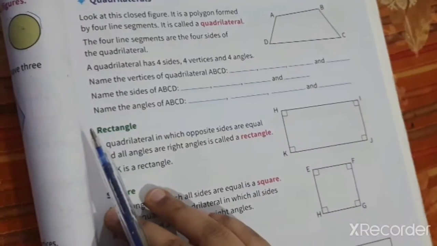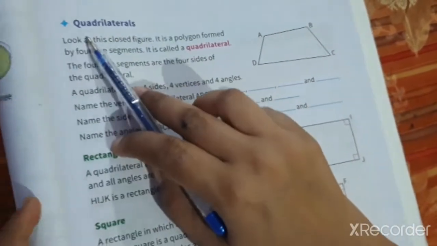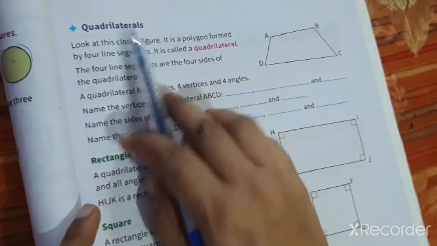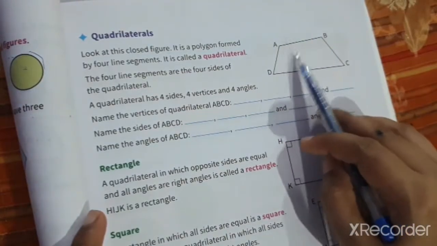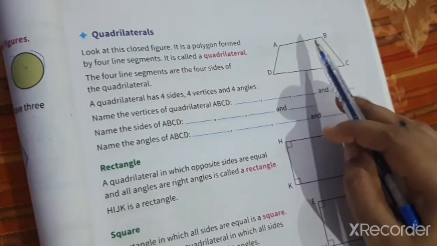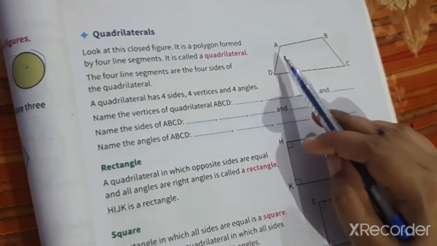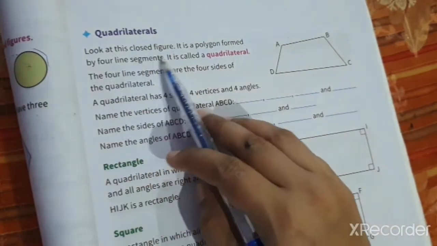Next is quadrilaterals. Quad means 4, lateral means side. Look at this closed figure. This is also a polygon, because it is a closed figure with more than 2 line segments.